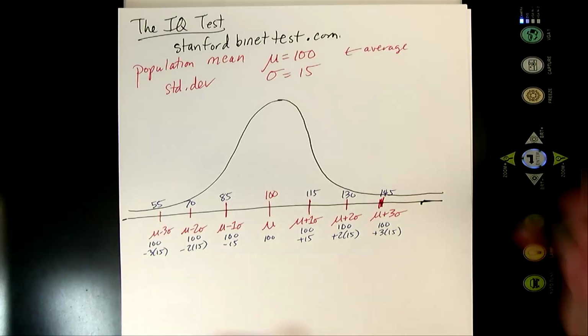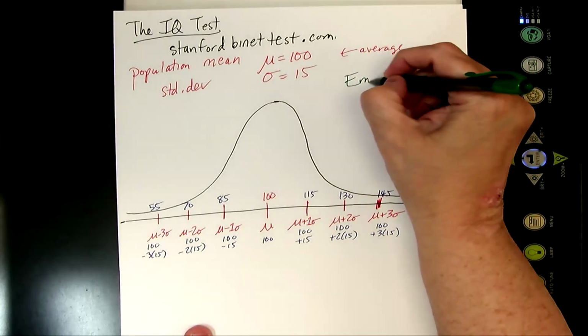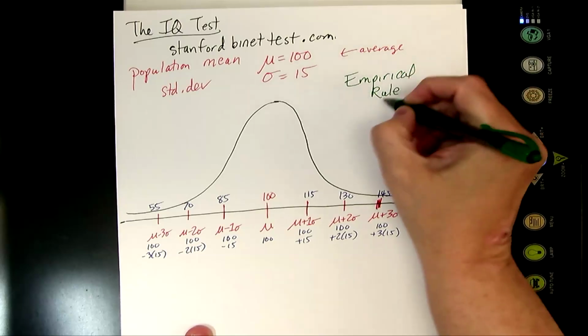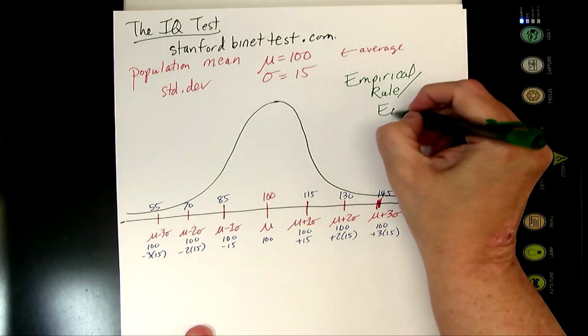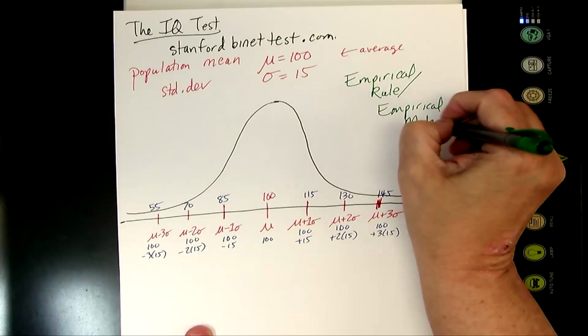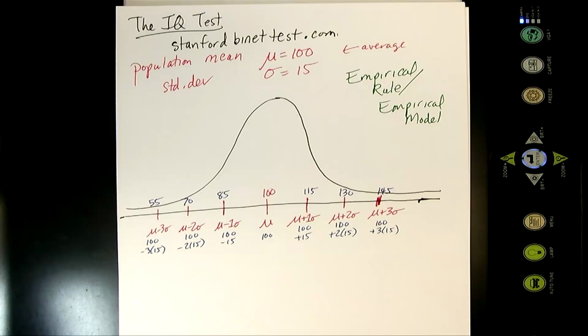Now, this presentation I'm doing right now is called the empirical rule, or sometimes empirical model. But it is a quick and easy thing that you can do as long as you know these 2 things.